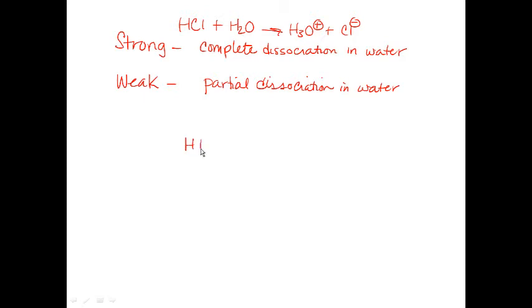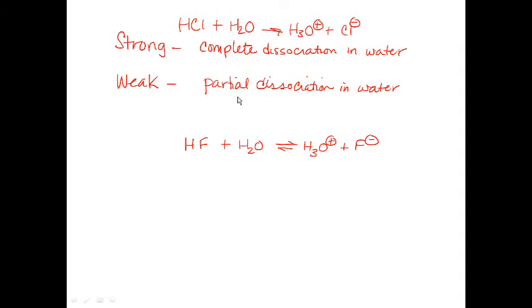Well, from general chemistry, the classic example is HF. When HF reacts with water, what happens? We get an equilibrium between the H3O plus and the F minus, the conjugate base.